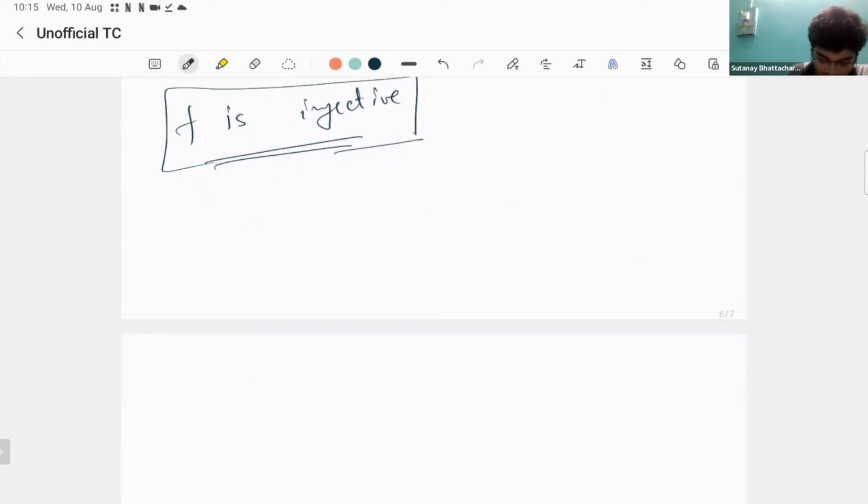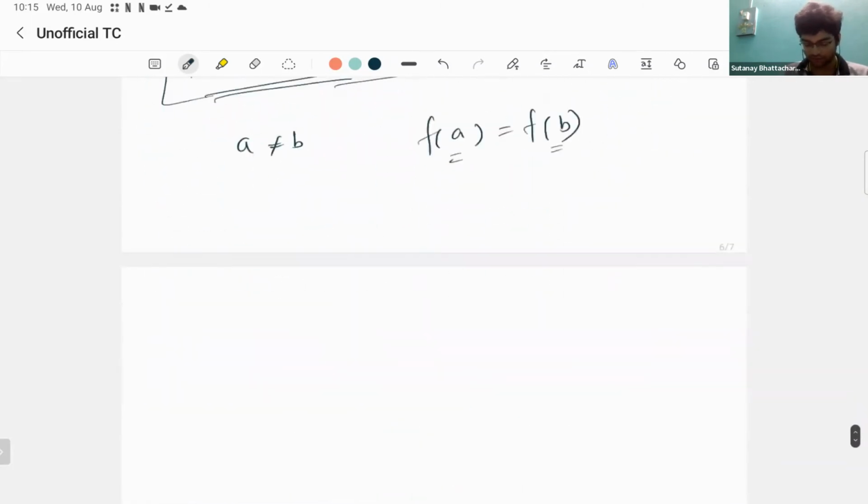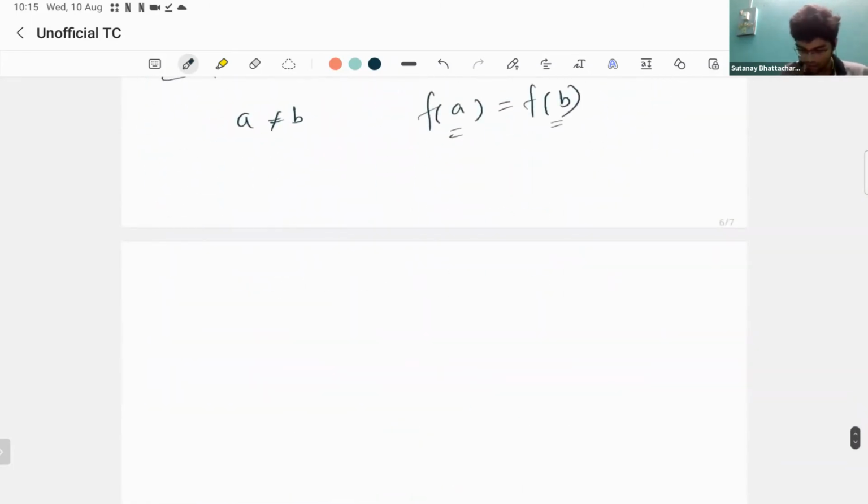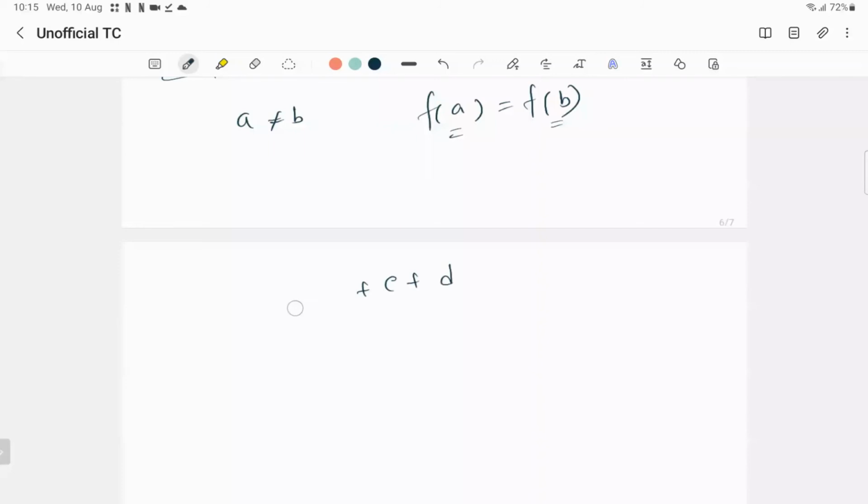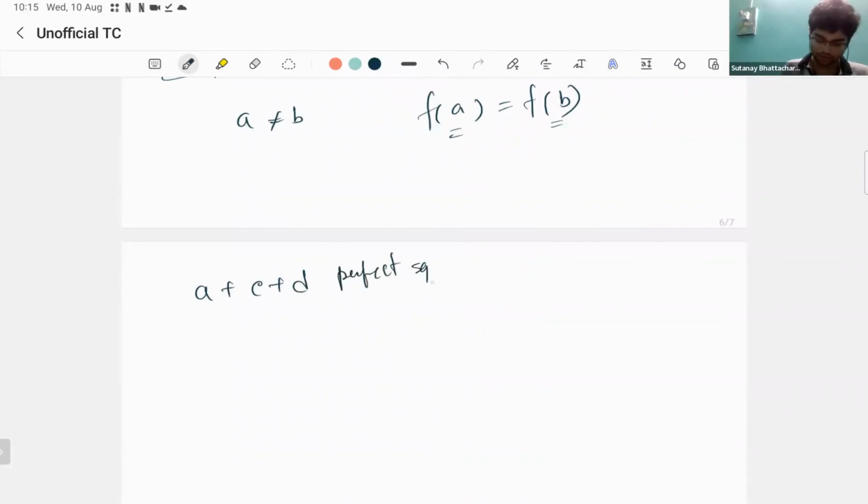So let's try that. The first step of proving injectivity is assuming there's a not equal to b such that f of a equals f of b. So we need triples involving a and b, and we can use the same trick as before. We can say a plus c plus d is a perfect square if and only if f of a plus f of c plus f of d is, which is again if and only if b plus c plus d is a perfect square.